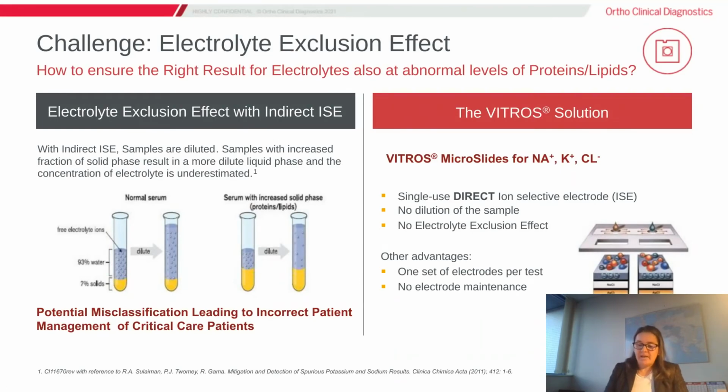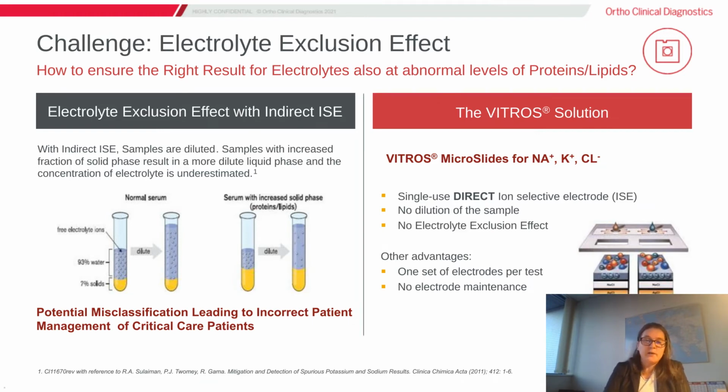So another challenge is the so-called electrolyte exclusion effect, which can lead to misclassification of critical care patients as a consequence of incorrect sodium or potassium results. We have seen earlier that electrolytes are part of the pediatric menu, especially at the neonatal intensive care unit, so they are crucial assays.